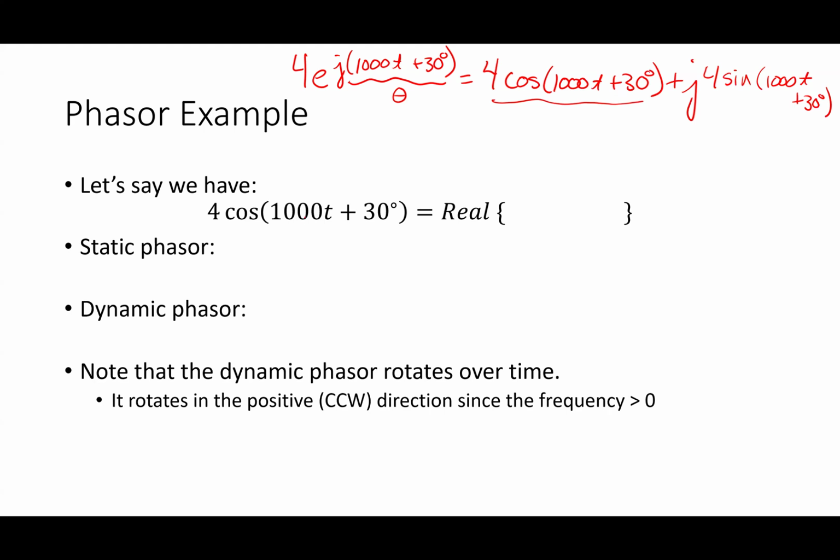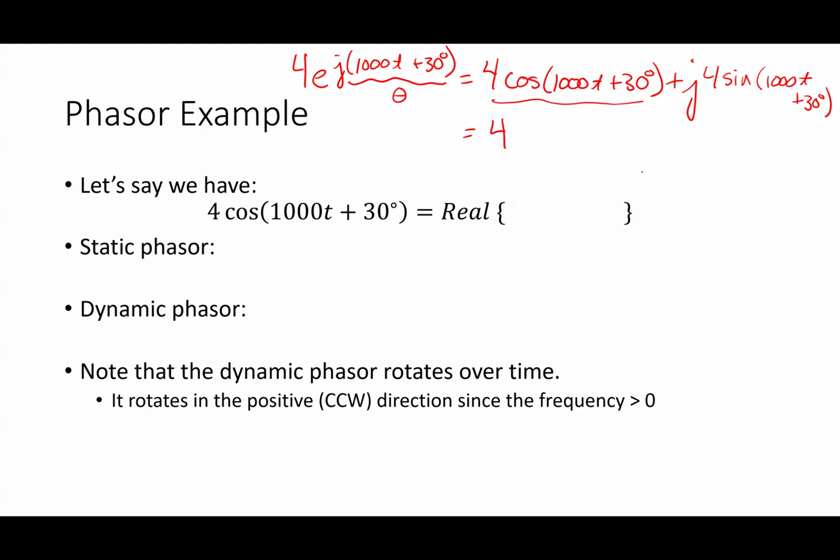So if I give you 4 cosine 1000 t plus 30 degrees, I would say it's the real part of 4 e to the j (1000 t plus 30 degrees). Now, I often don't write it that way. What's the other way? I can write that as 4 times e to the something times e to the something.